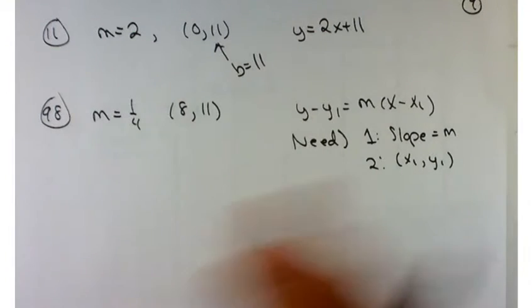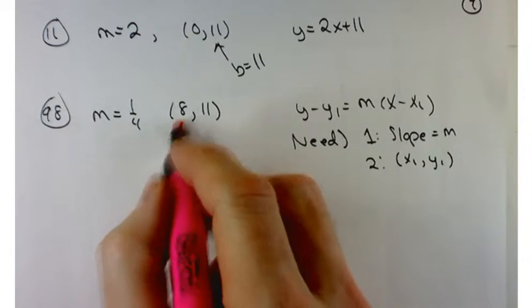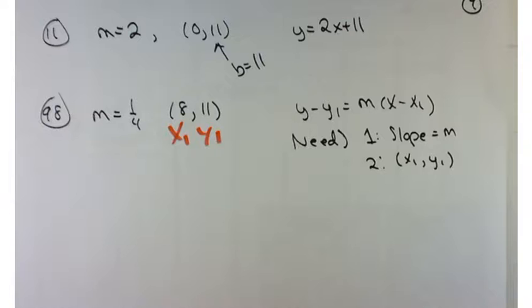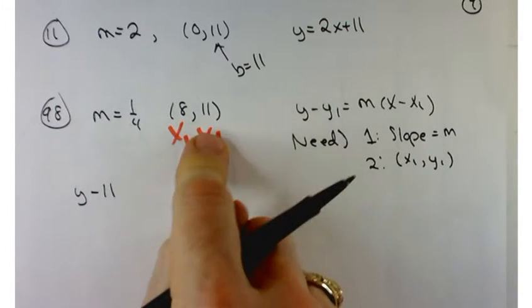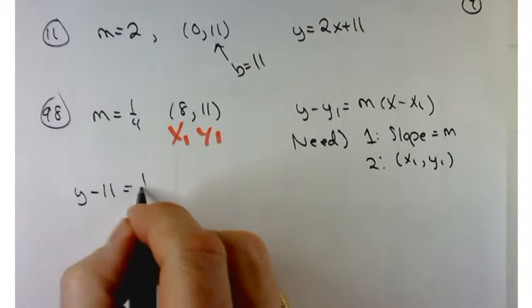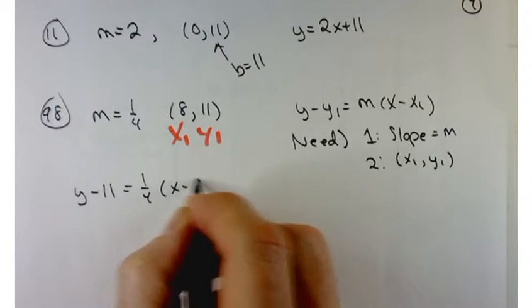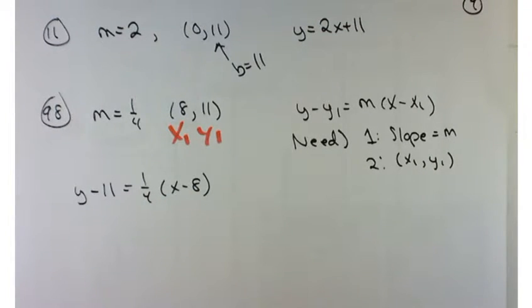Well, we got that for problem number 98. We have all that we need. To be very specific, this is your x1, y1. Let's plug all that information in here. It would be y minus 11 equals 1/4 times x minus 8.